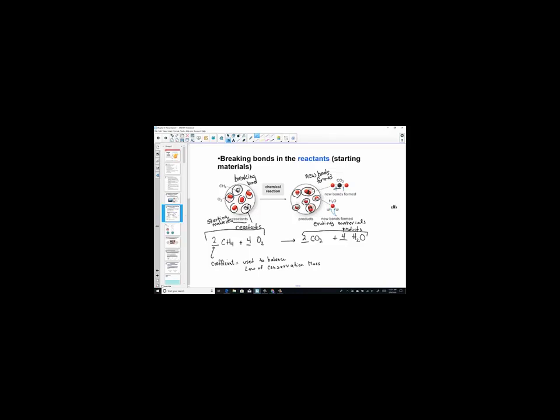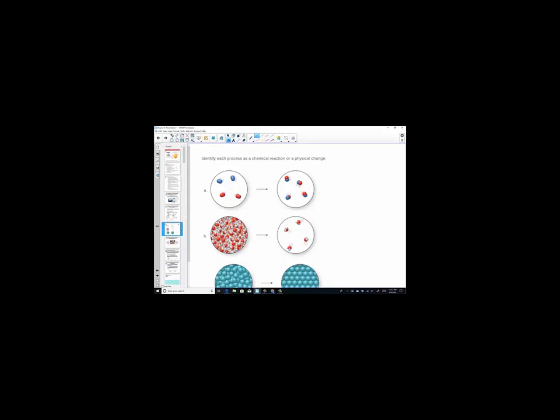But now this skill is just trying to remember, is this a chemical change or a physical change? Can we represent the following as reactions, or are they physical processes? So let's take a look at the molecular art in letter A. I have blue atoms bonded together to create diatomic molecules.